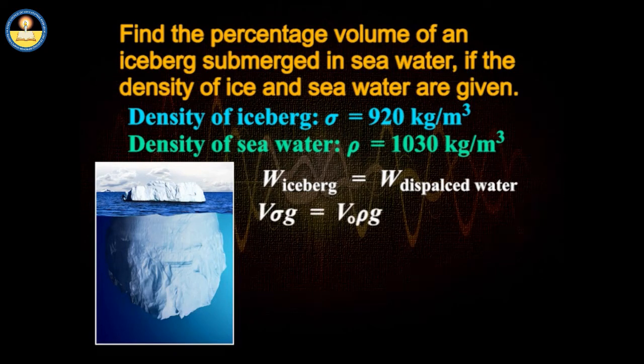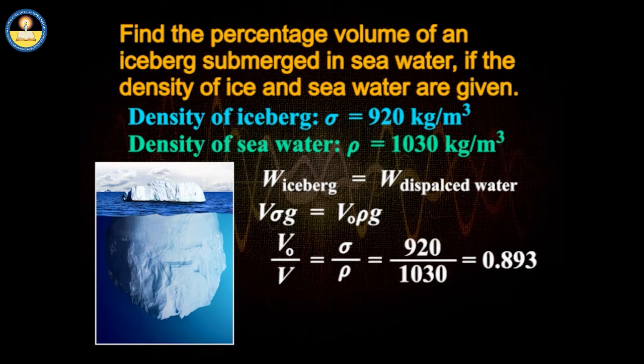Therefore, the ratio of submerged volume and total volume is equal to the ratio of the density of the iceberg and the density of seawater, and the percentage volume of the iceberg submerged in sea comes out to be 89.3%.